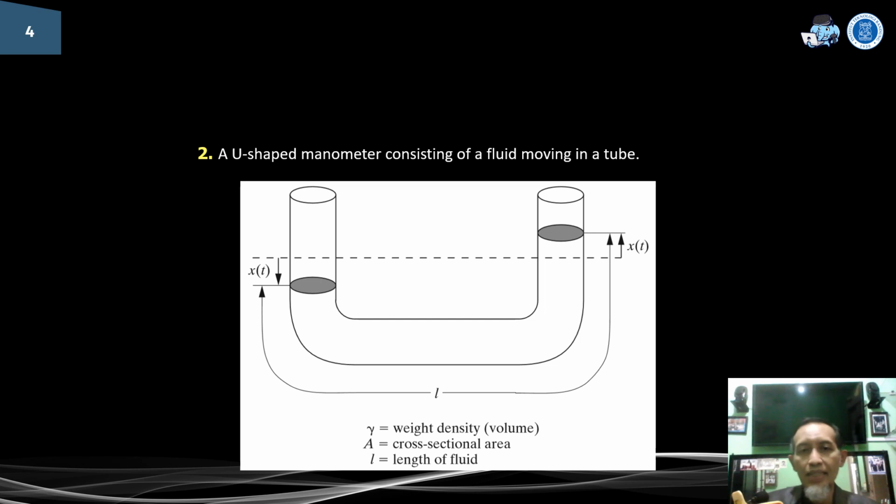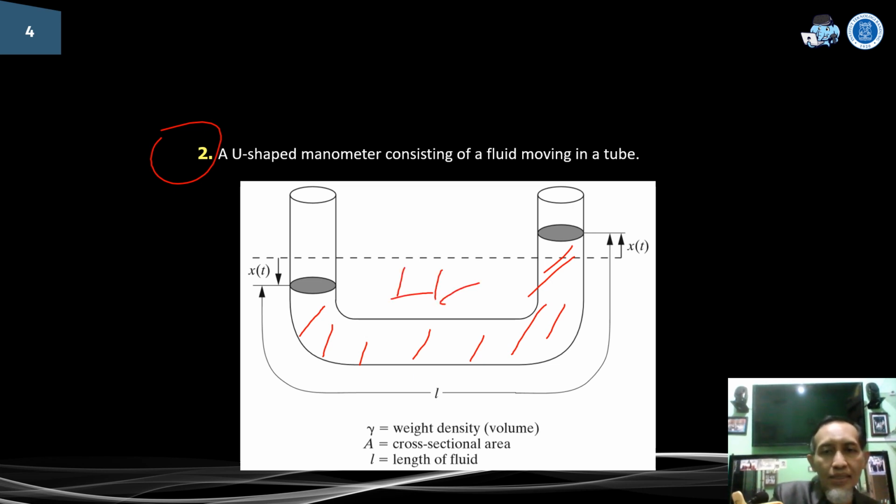Okay, the second example is a U-shaped manometer consisting of a fluid moving in a tube. For example, this fluid is hydrargyrum, or water. And there is a phenomenon that the fluid will oscillate.